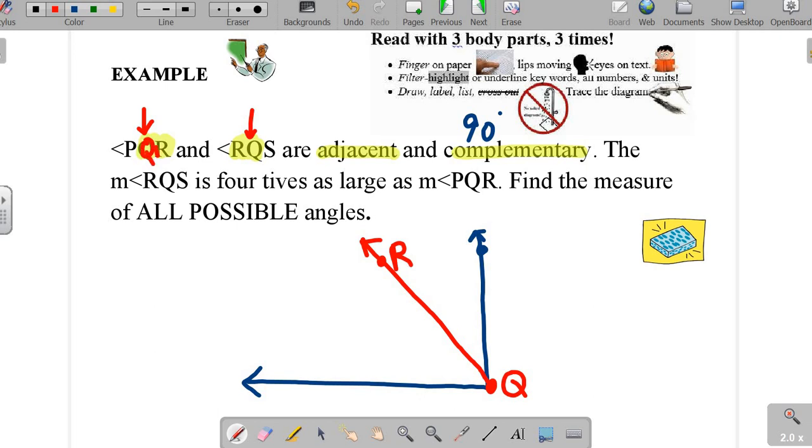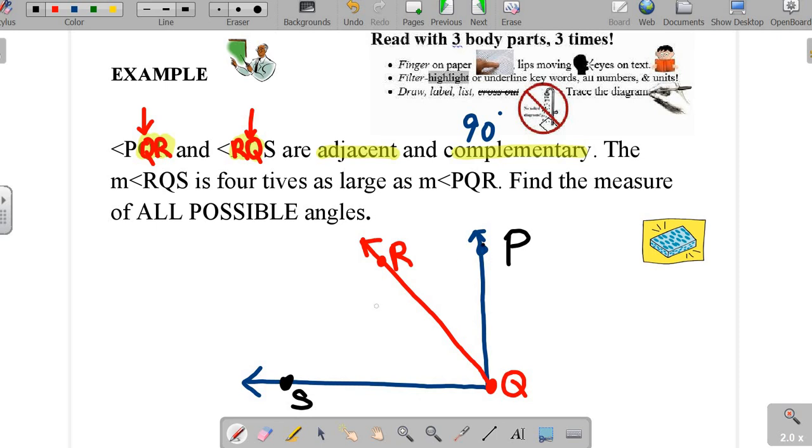So QR has to be the common ray and Q has to be the vertex. Now we have to get RQS is 4 times as large as PQR.